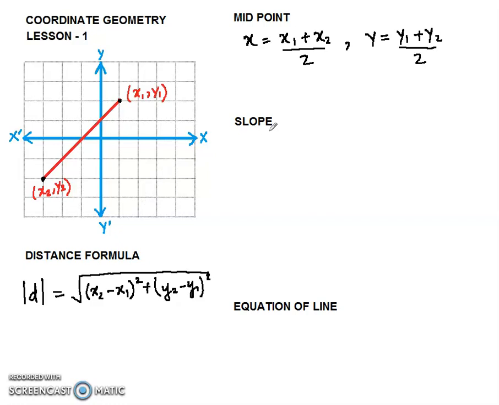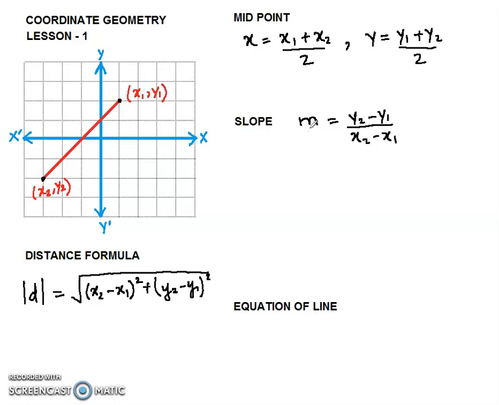Now when we talk about slope, slope is defined as the inclination of a line with respect to the positive x-axis. The mathematical relationship for slope is represented by the variable m. We can find slope by using the formula y2 minus y1 over x2 minus x1.